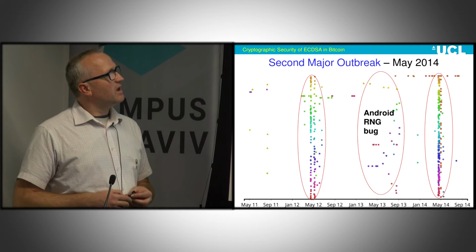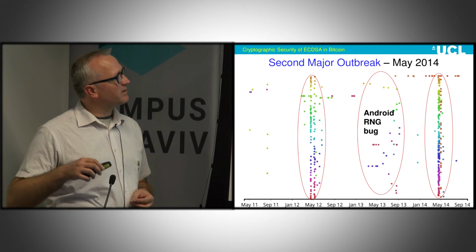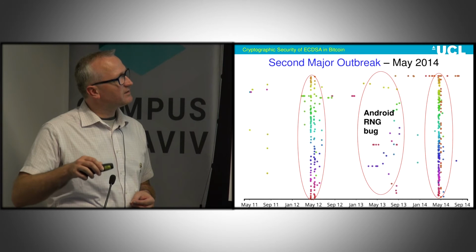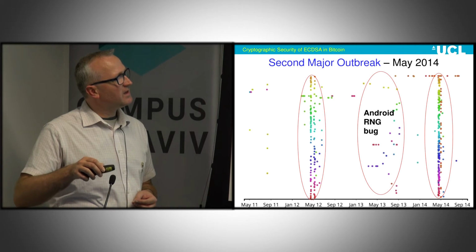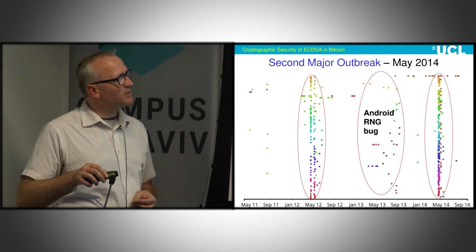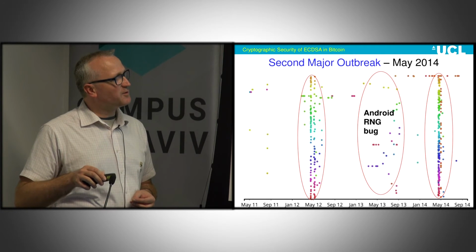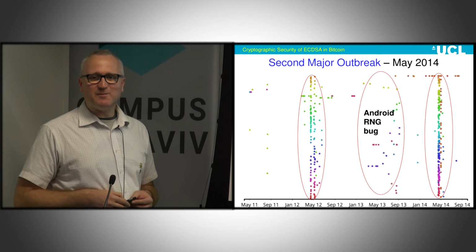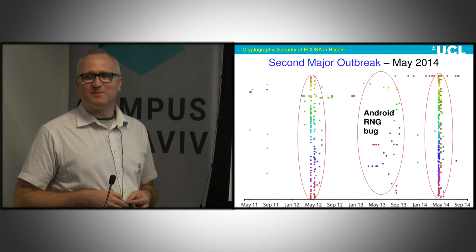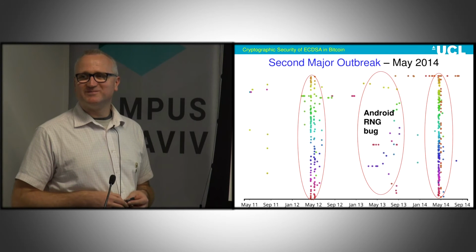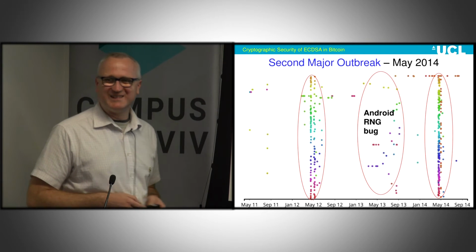If you had a horizontal line here, it means that there's some idiot out there who has produced bad randoms many times. It's like the same address, the same person, probably on the same machine. So you can kind of read some things on this graph.